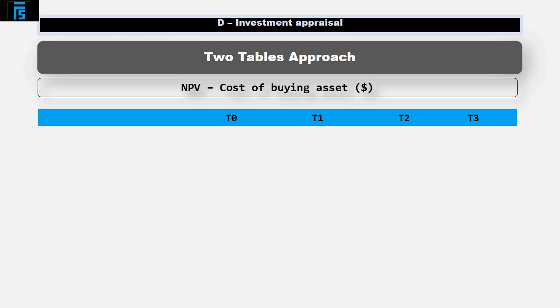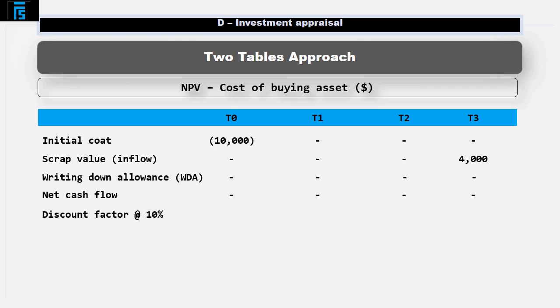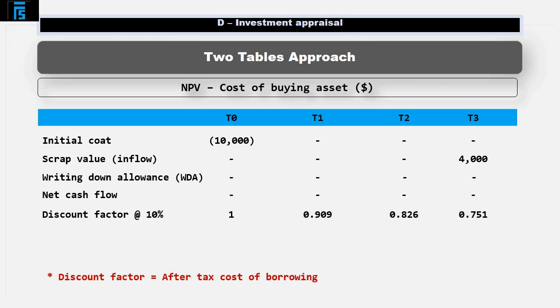We'll start off by putting together an NPV table showing the cost of buying the asset. Time across the top, initial cost, scrap value, writing down allowances, we'll come back to this, net cash flow, discount factors at the after-tax cost of borrowing, learn this, to give us net present value.